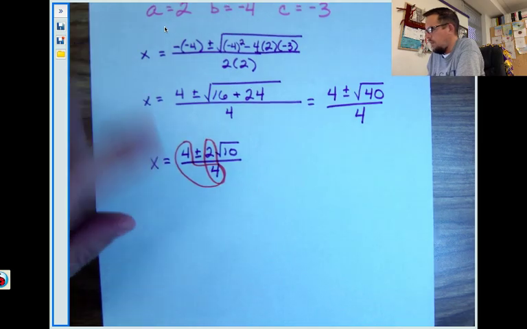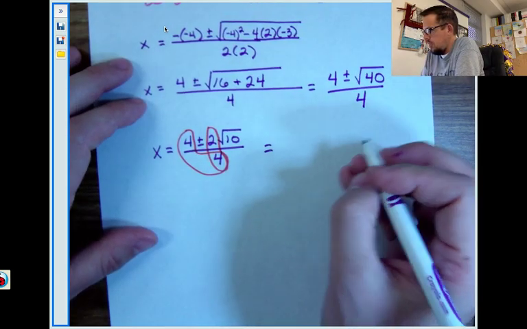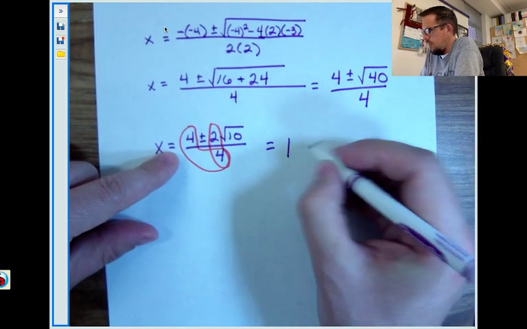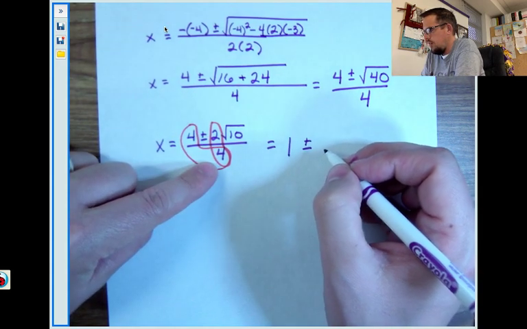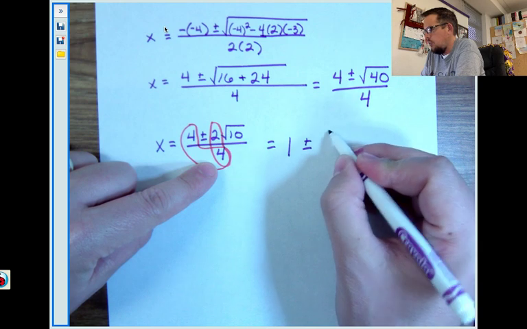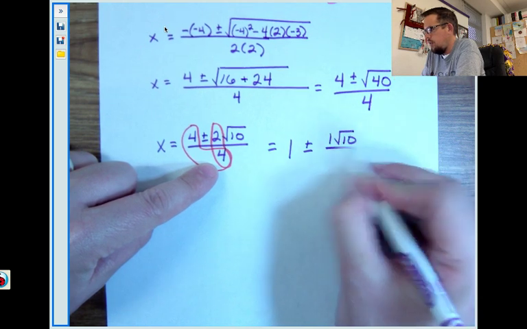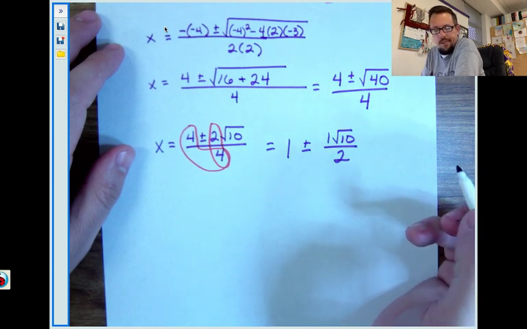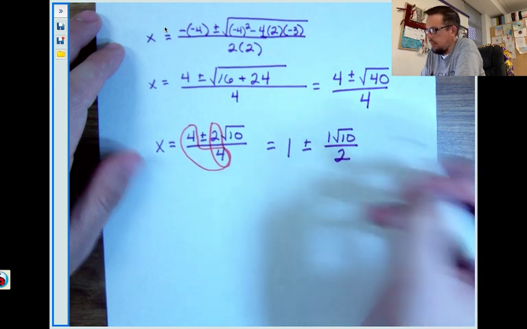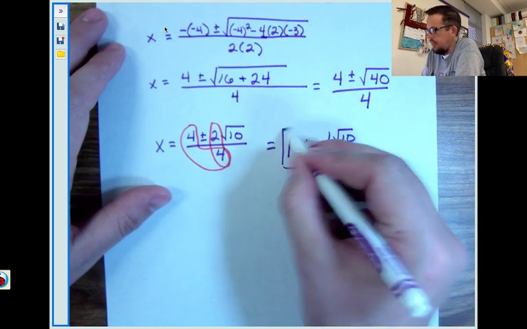What will 4 over 4 reduce to? 1 plus or minus. What's 2 over 4? That's a half, so 1 plus or minus root 10 over 2. This seems like a pretty good way to write the answer to me.